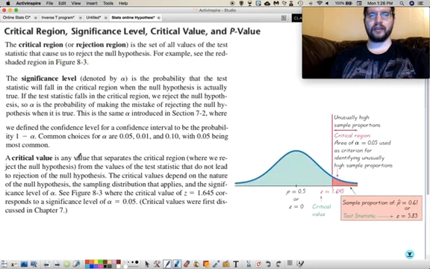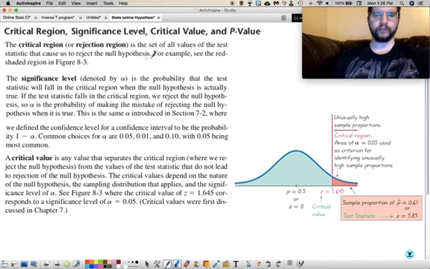Now, specifically, it needs to be in the critical region. Our critical region is the set of values of the test statistic that cause us to reject the null hypothesis. So that's this right here. If we find our critical value, z 1.645, that'll be based on alpha, and we plot our 5.83, our test statistic, it's way out there.